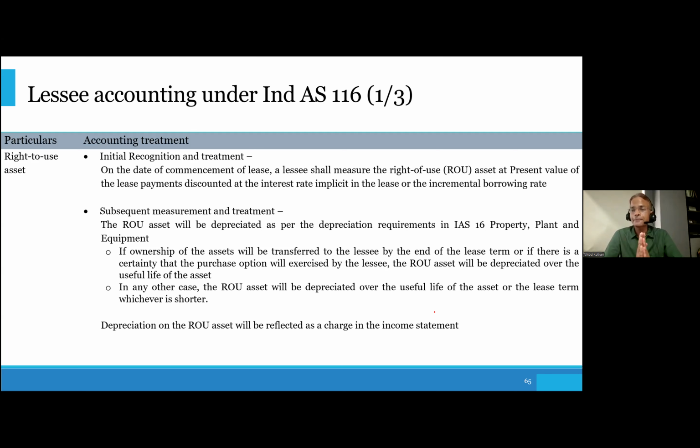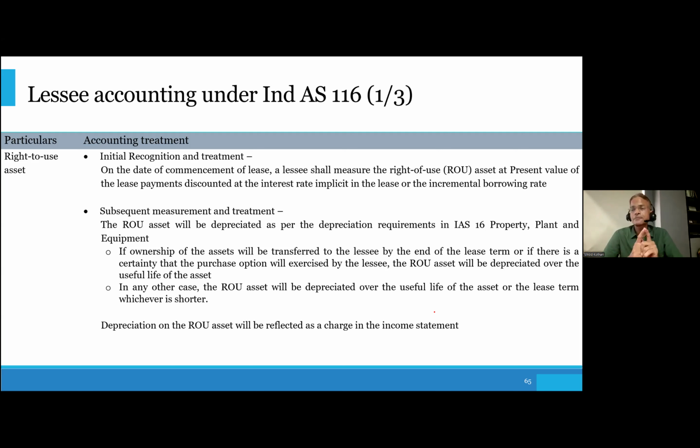Remember, if it's a straight hire purchase or conditional sale type of contract, the depreciation of the ROU asset may be done over the useful life of the asset. That's part one. Mostly, however, it's not a lease which transfers title at the end of the lease term. Therefore, it's a so-called financial or operating lease which is not promising a title transfer.